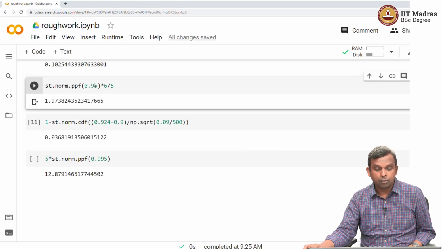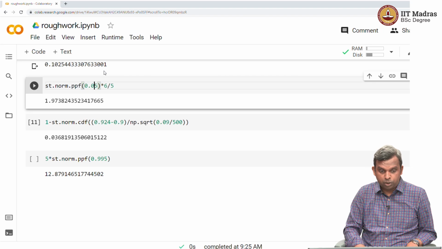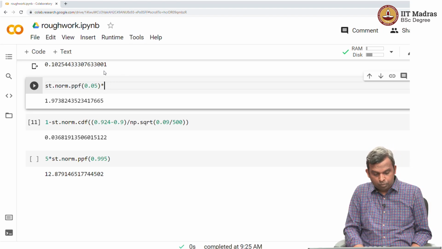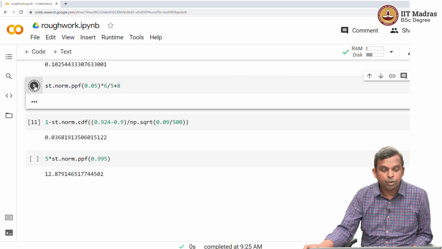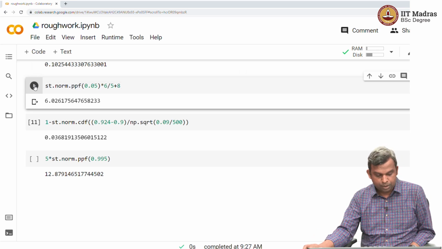So I will have to do Fc inverse 0.05 multiplied by 6 by 5, that remains the same, and then plus 8. If you do this, you are going to get 6.02.